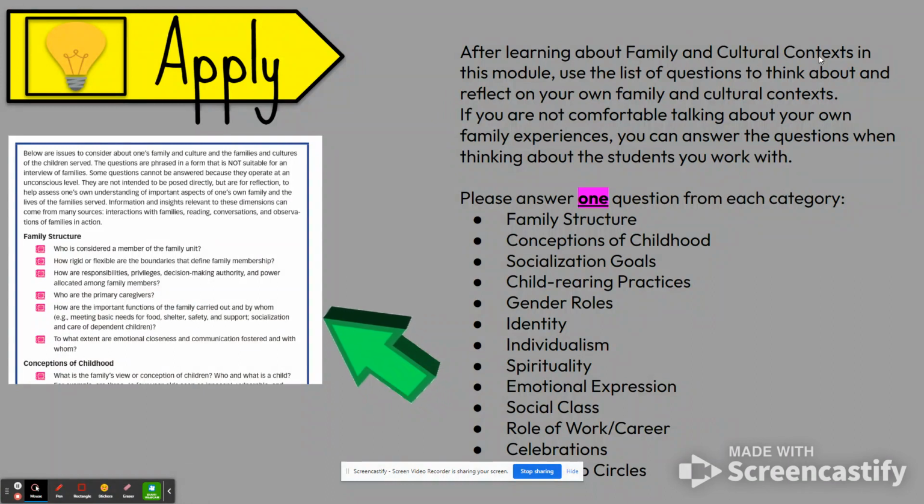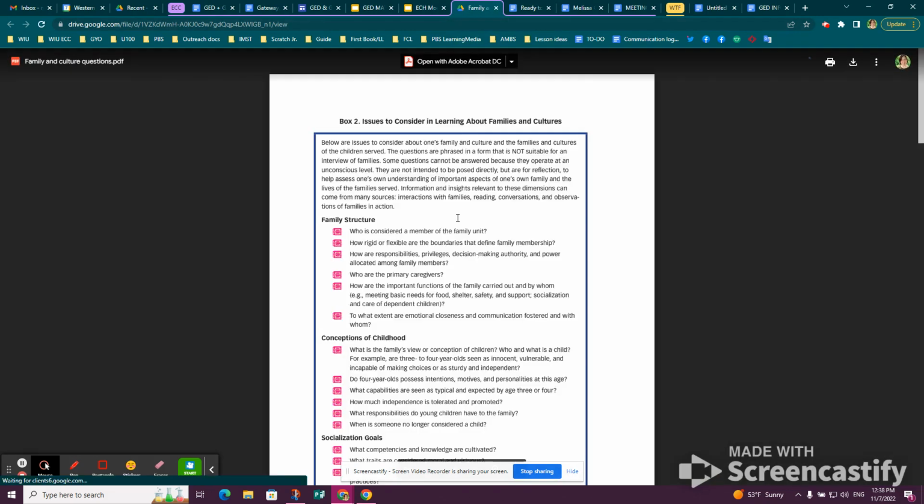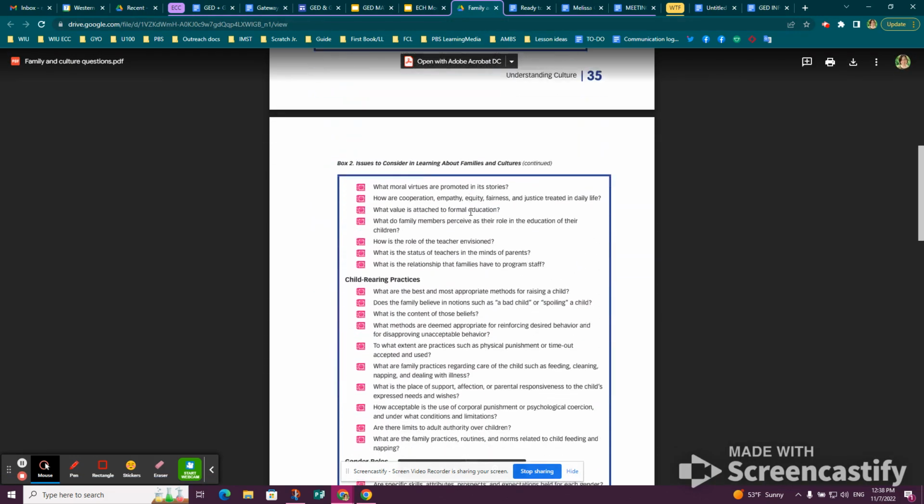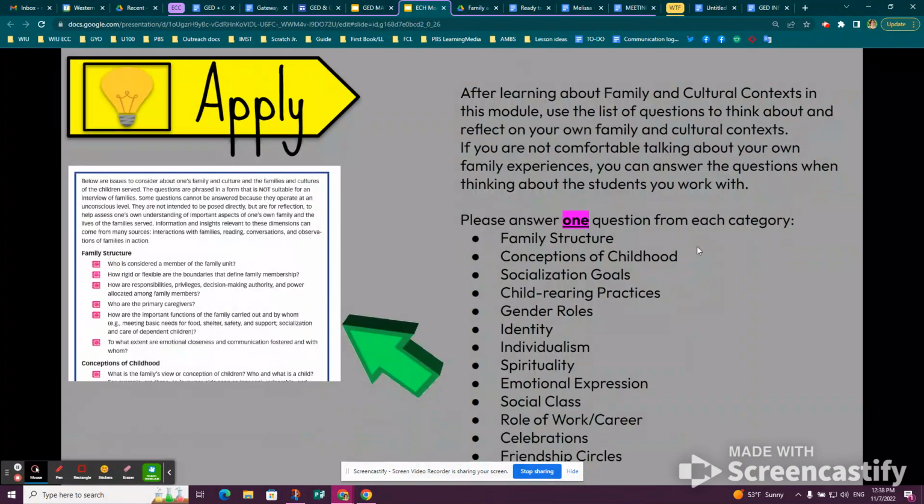And then your application, how to apply this information for this week. What you will do, it says here, after learning about family and cultural contexts in this module, you'll use these questions, which opens up another page, to think about and reflect on your own family and cultural context in your own life.